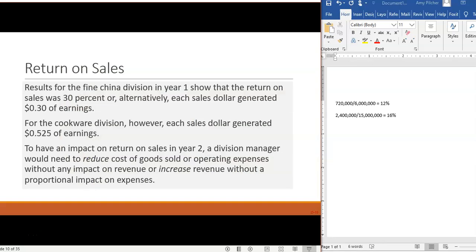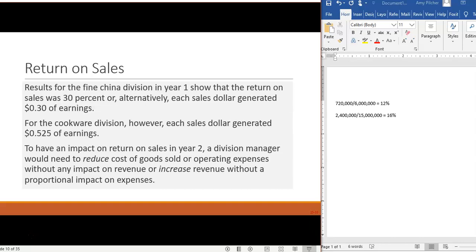When we're looking at the fine china division in year one, we show that the return on sales was 30%. This means that each sales dollar generates 30 cents of earnings. For the cookware division, each sales dollar generates 52.5 cents of earnings, or it's a 52.5% return on sales.